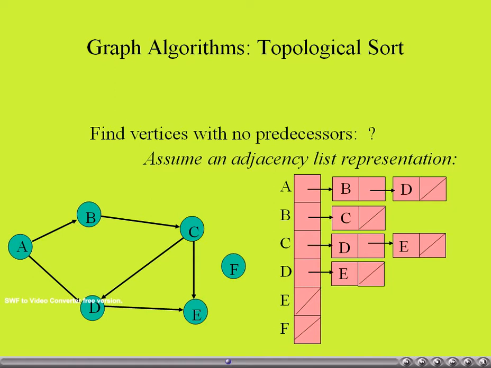We would like to answer this question assuming that the graph is represented in adjacency list fashion. I'm sure all of you know what is meant by adjacency list. That is, we maintain all the neighbors of a node in a linked list as shown in the figure.